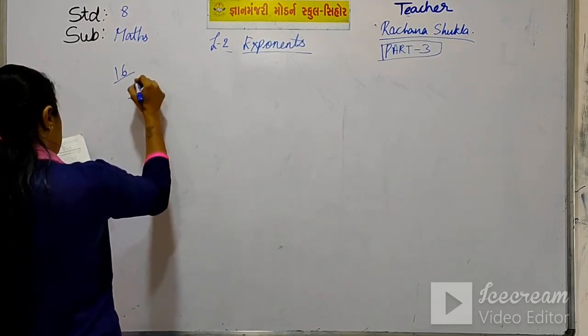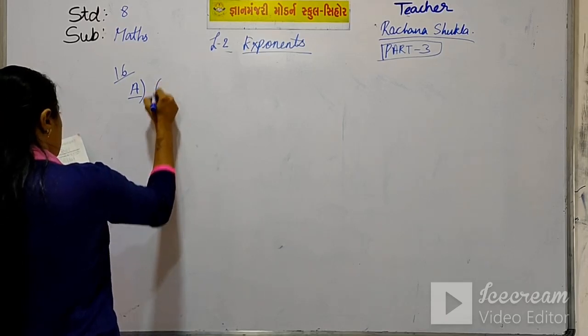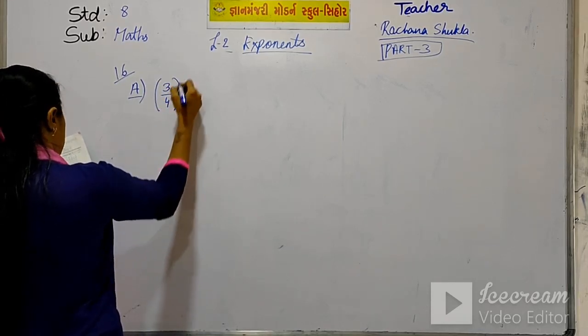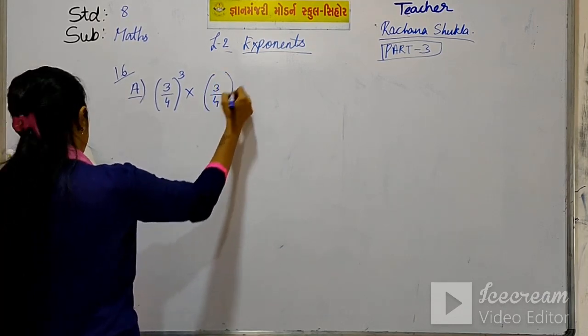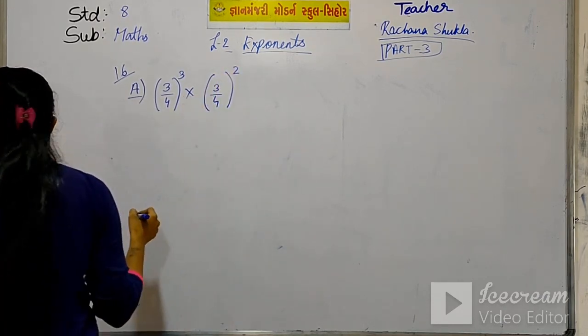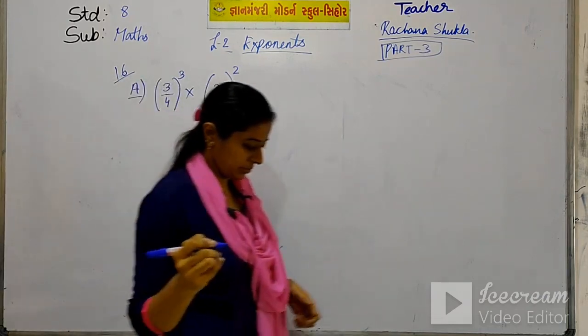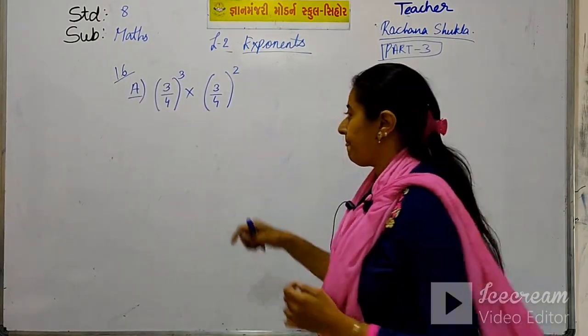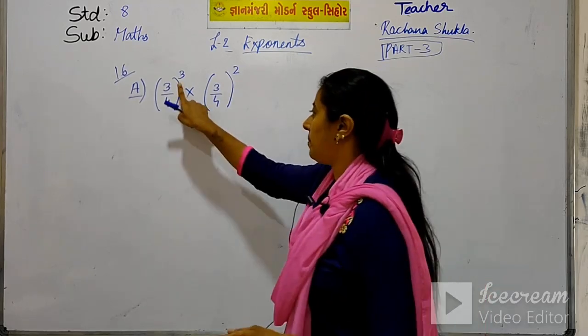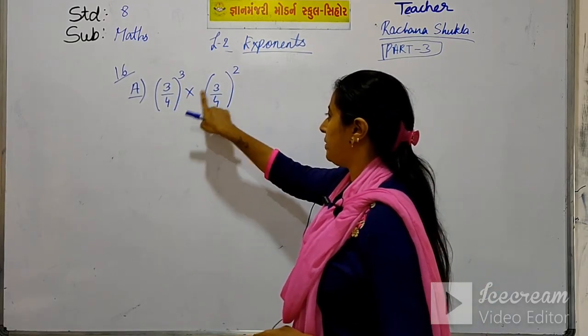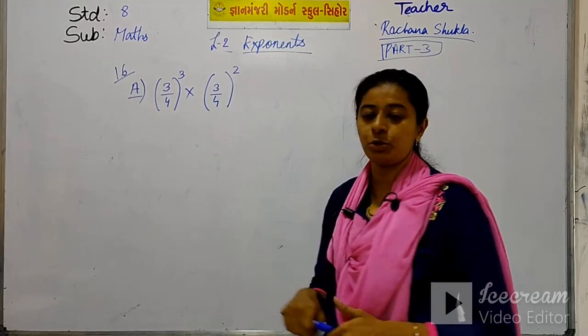Example 16a: 3 upon 4 to the power 3 into 3 upon 4 to the power 2.